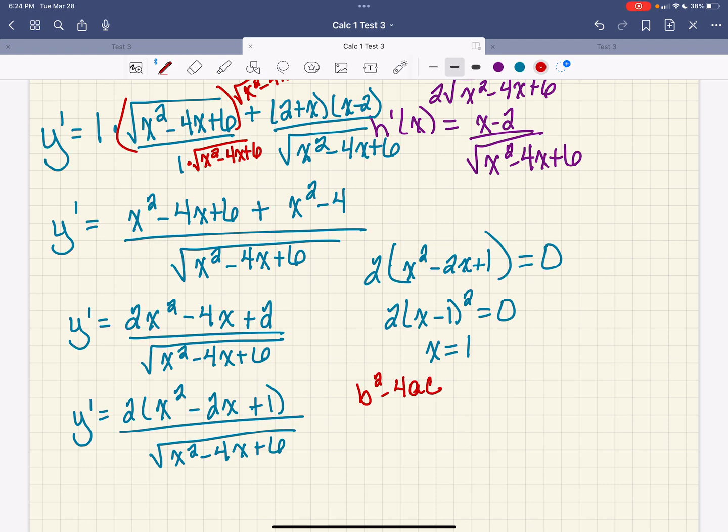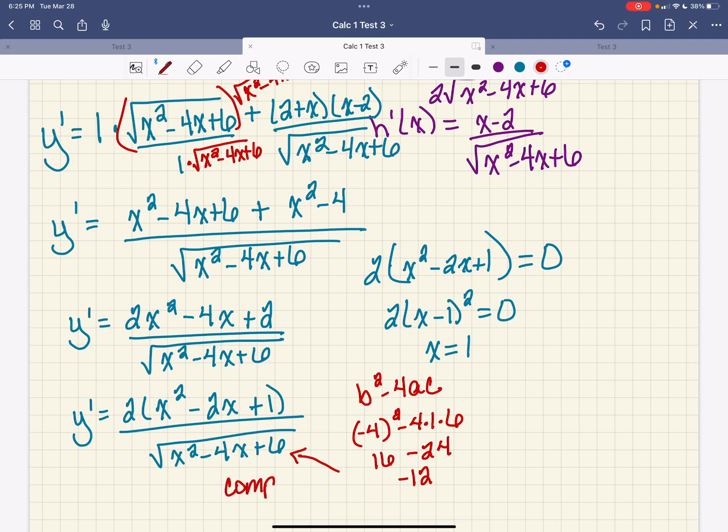So when I do this, I end up with negative 4 squared minus 4 times a times c. And when I do that, I end up with 16 minus 24, and I end up with negative 12 as our discriminant. So what that means is any solutions to this right here are going to be complex.